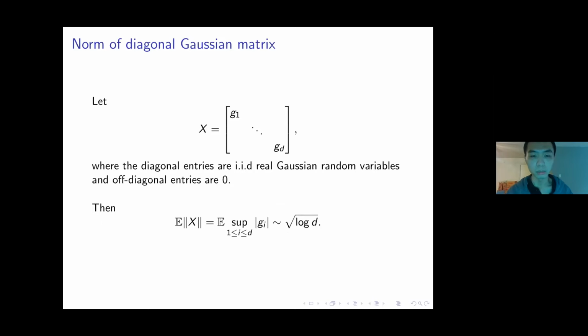In this case, the spectral norm is just the maximum of the absolute values of the diagonal, which is of magnitude square root log D. So there is a log D factor that arises if it is diagonal. But if all the D square entries are IID Gaussian, then we don't have the log D factor.